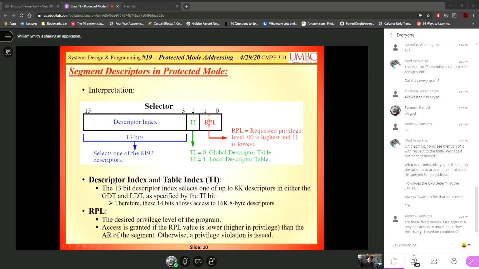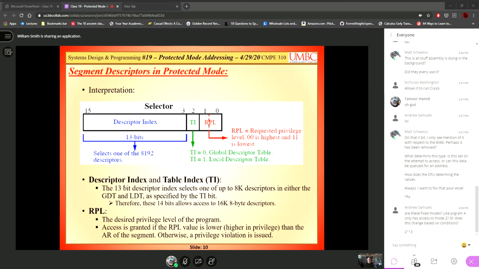Now, descriptor table and table index. The 13-bit descriptor index selects one of up to 8K descriptors. Let's talk about this for a second. How much address space do I have with 13 bits? 2 to the 13th.